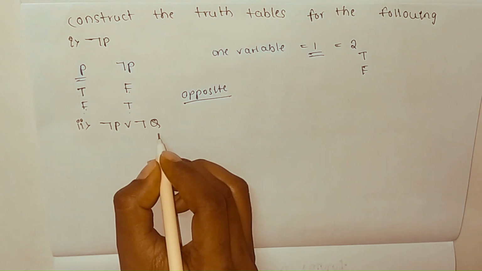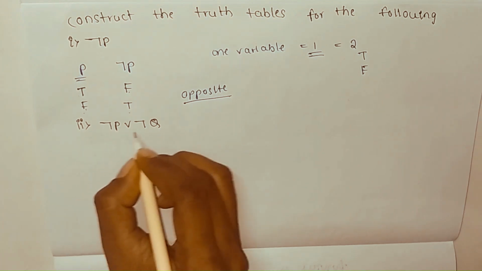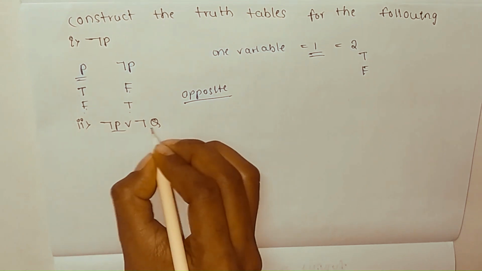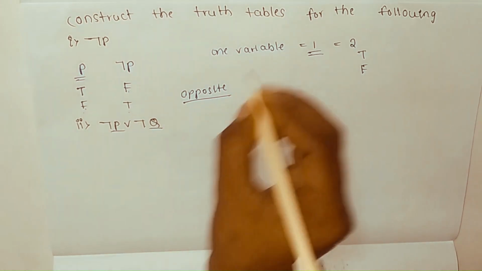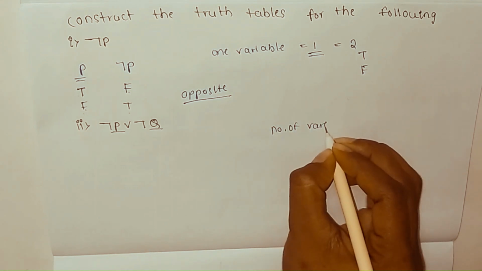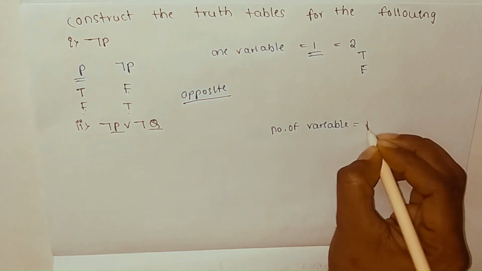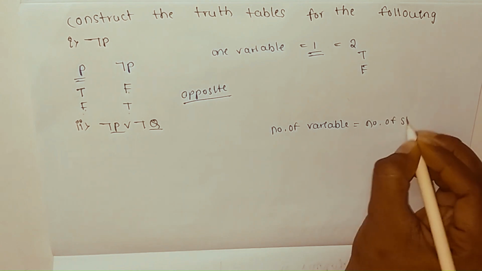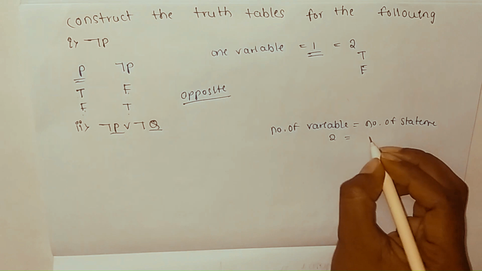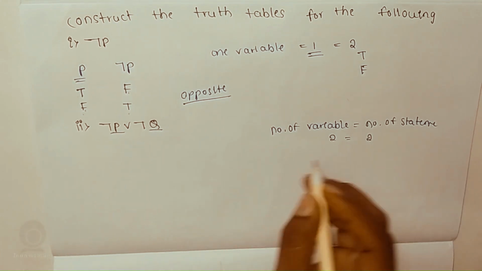So the second example is negation P or negation Q. Here we have two statements, means number of variables is equals to number of statements. So here number of variables are 2. So number of statements is equals to 2.